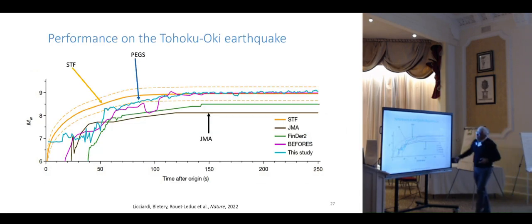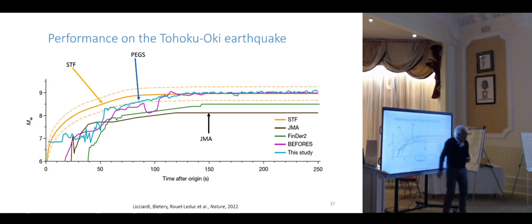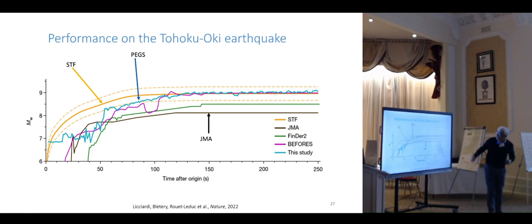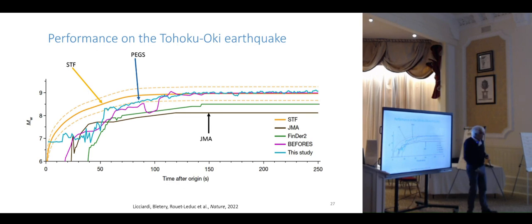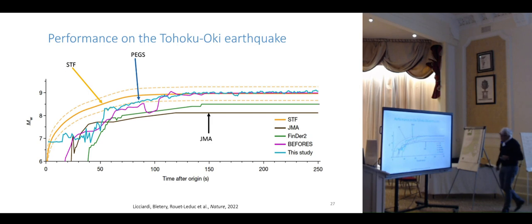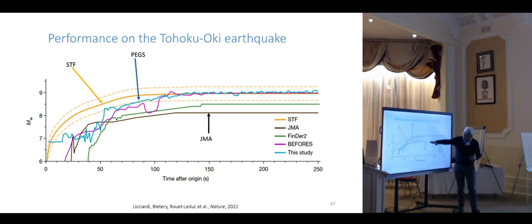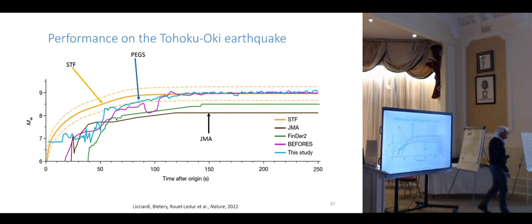Okay, it is the same figure, but with comparison with other techniques. And it's important to realize that during the Tohoku earthquake, JMA, the Japan Meteorological Agency, in charge of the warning system, never determined the right magnitude before at least 30 minutes.